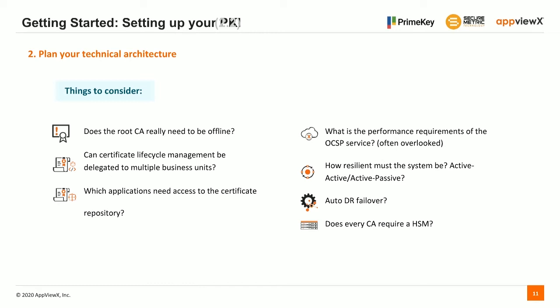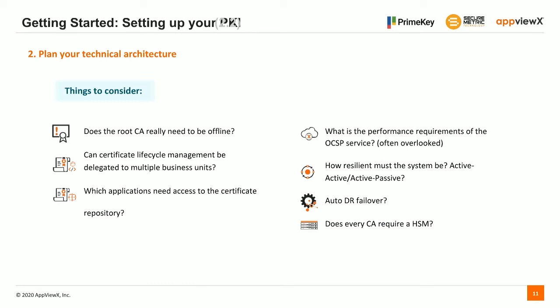The other thing to consider is, again, can the certificate lifecycle management be delegated to multiple business units? This is very important to your operations later in the future. And you need to consider which applications need access to the certificate repository, because this would mean firewall rules and network planning.